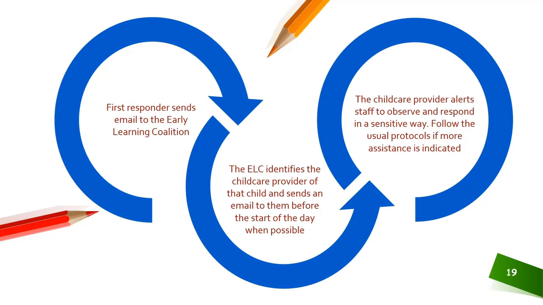The child care provider then alerts the staff that Johnny Smith needs to be handled with care. We're to observe and respond in this trauma-sensitive way that we've trained you on today. If the behavior or other incidents throughout the day indicate that more assistance is needed, follow the usual protocols of your center.